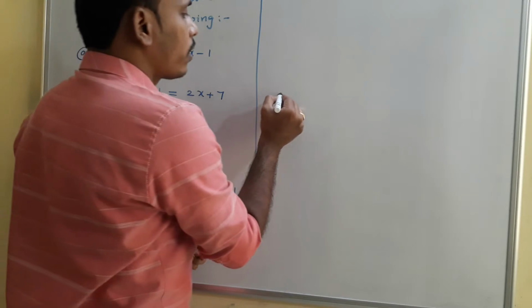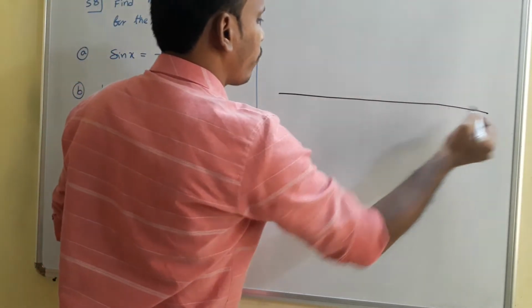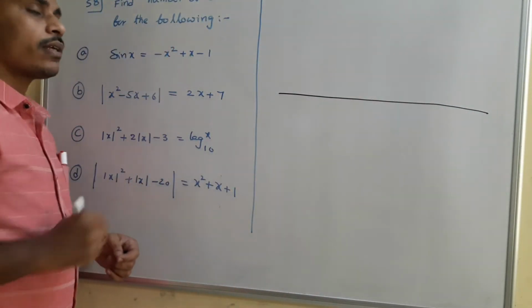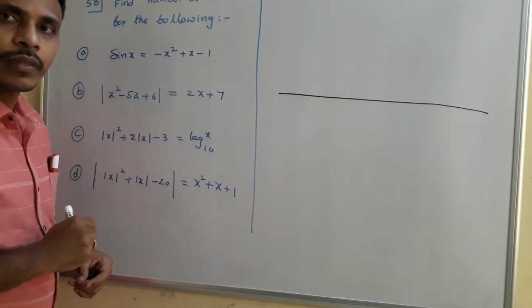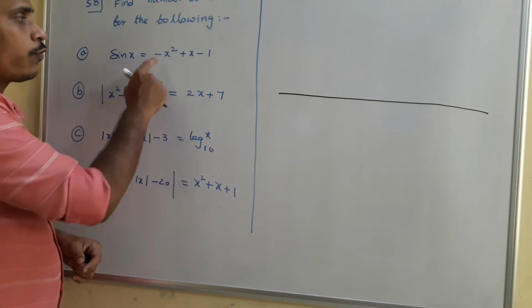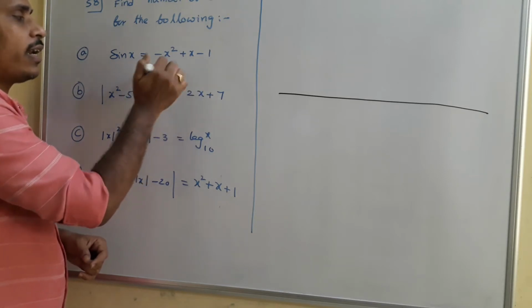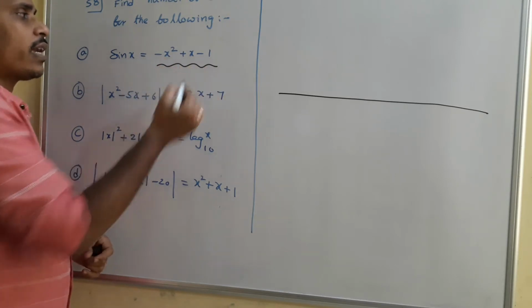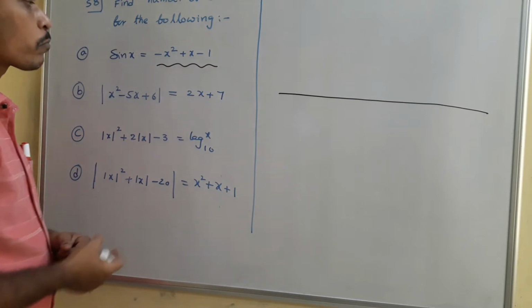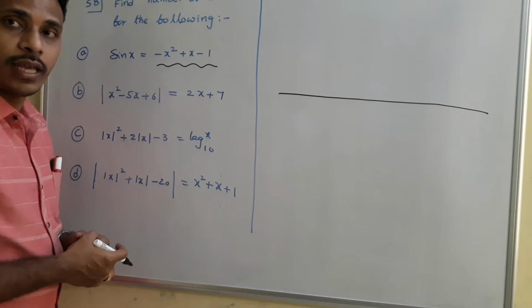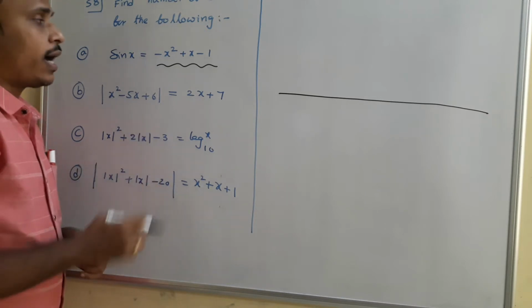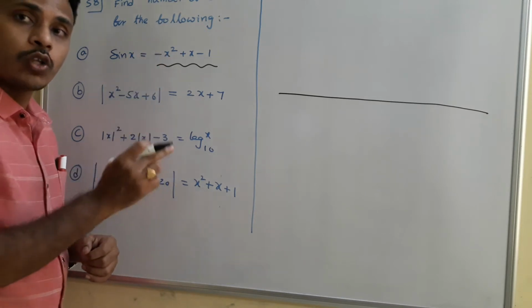Just have a look. I am going to sketch the graph of minus x square plus x minus 1. When you observe it, what is its discriminant? Discriminant is b square minus 4ac. Only think about the right side part, minus x square plus x minus 1. Its discriminant is negative, and the coefficient of x square is also negative.